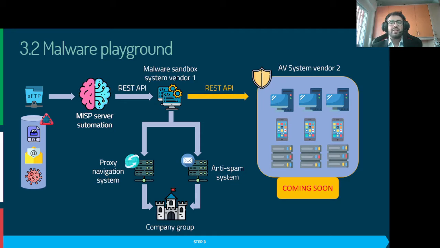Detonating and executing the samples produces other IOCs that are immediately sent to the protection systems, such as navigation proxy and anti-spam. All this allows us to accelerate the contrast of possible malware campaigns.